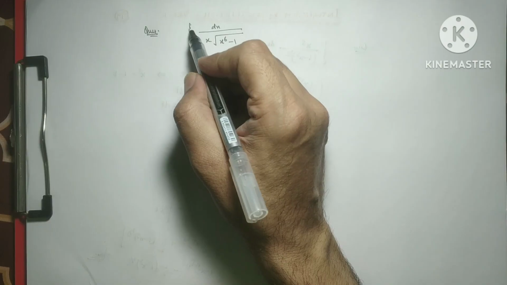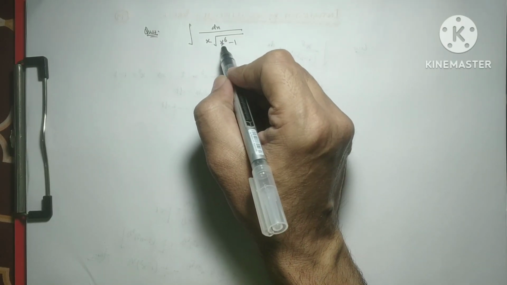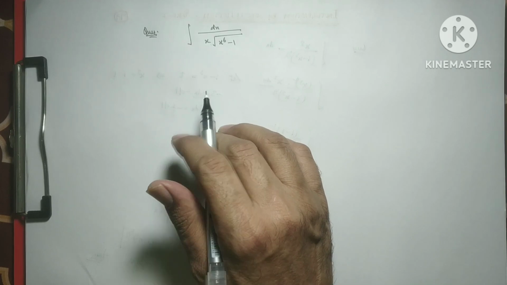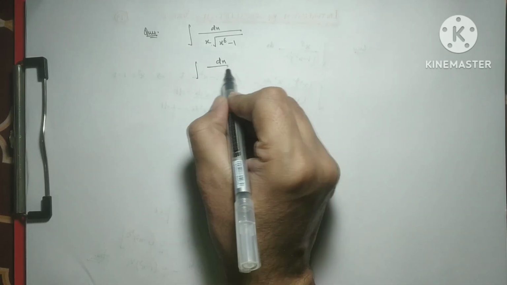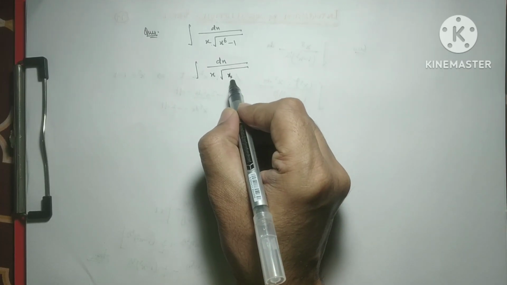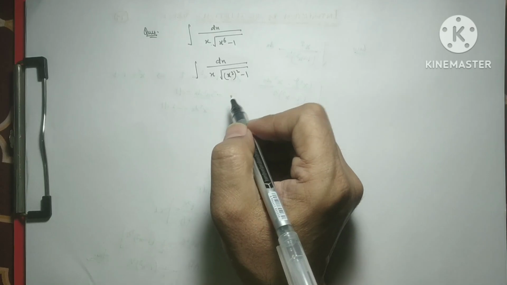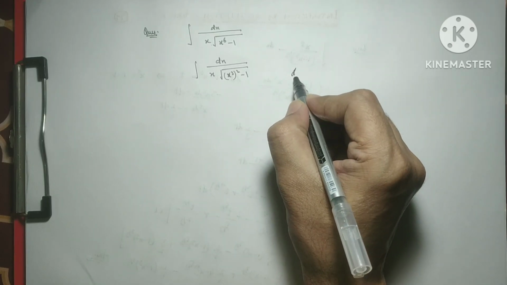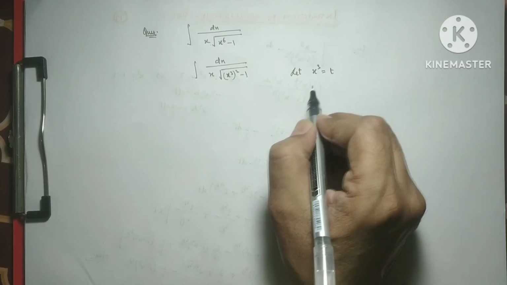Next question, integration dx over x under root x to the power 6 minus 1. We can modify this, or you can say change it a little bit: x cube square minus 1, and we assume this x cube as t.